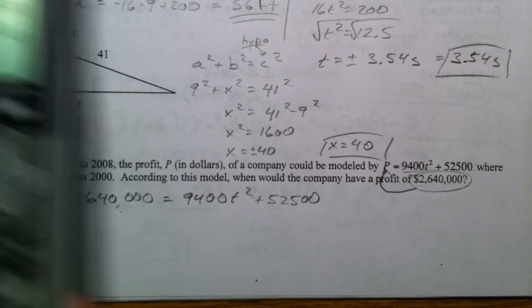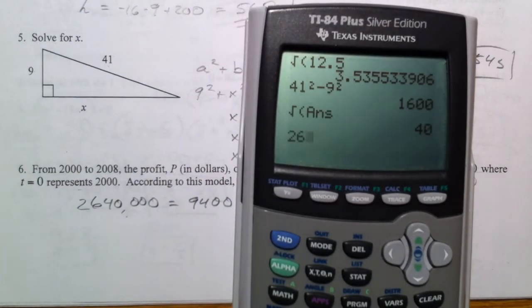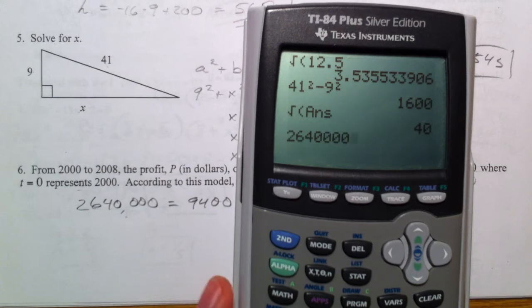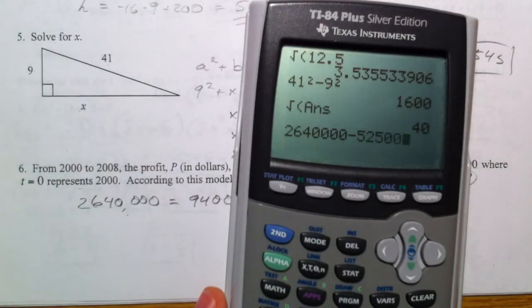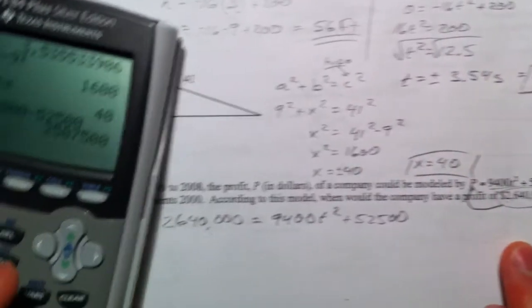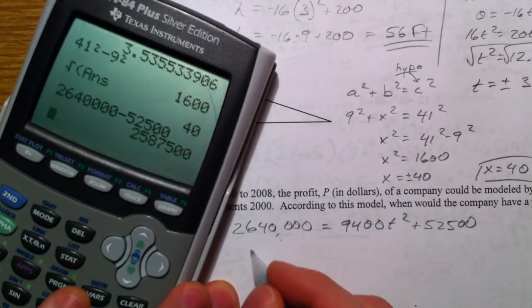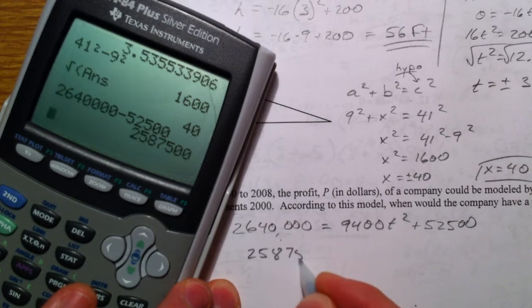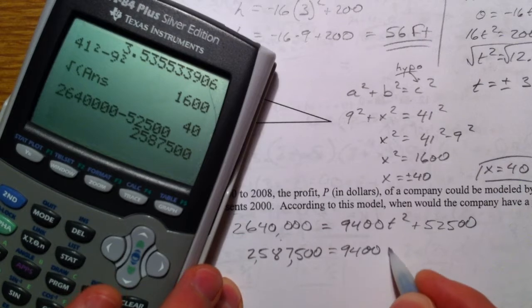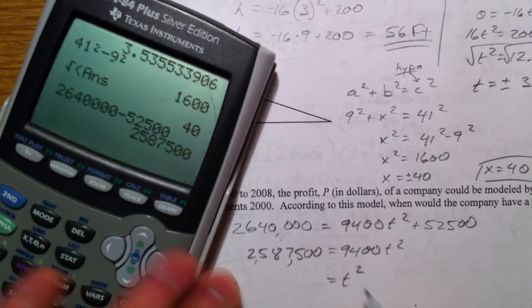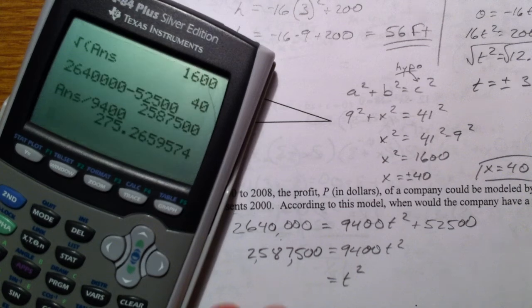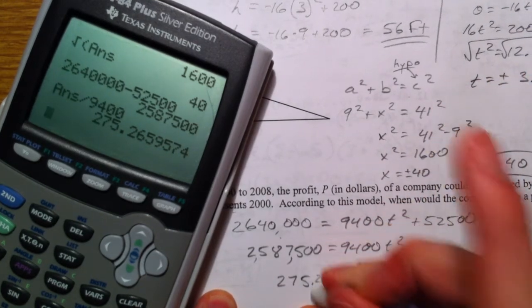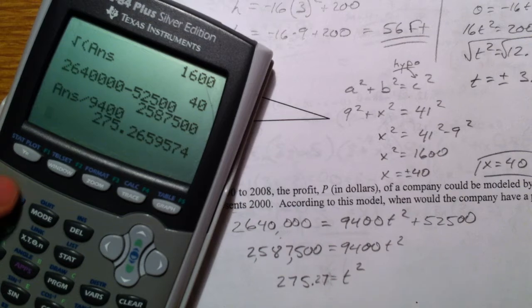So 2,640,000. Subtract out our 52.5, and we get, divide by the 9,400. And then take the square root.